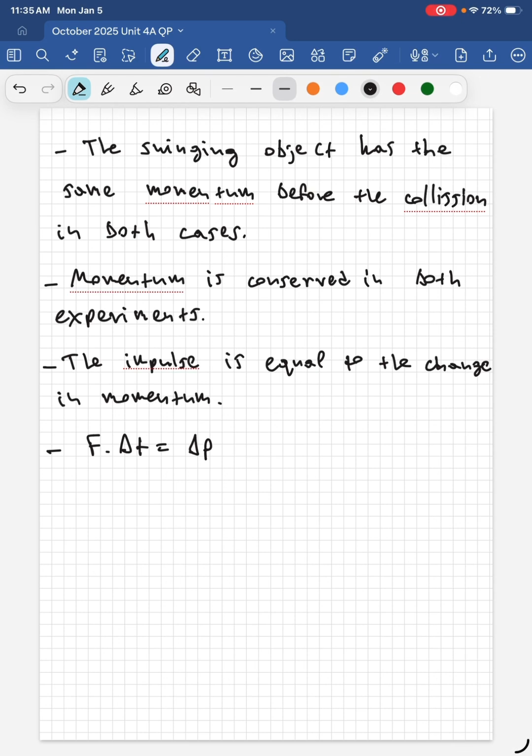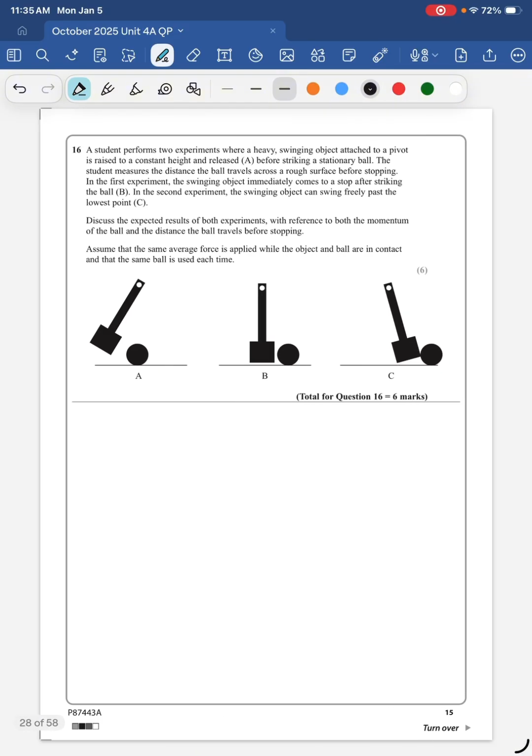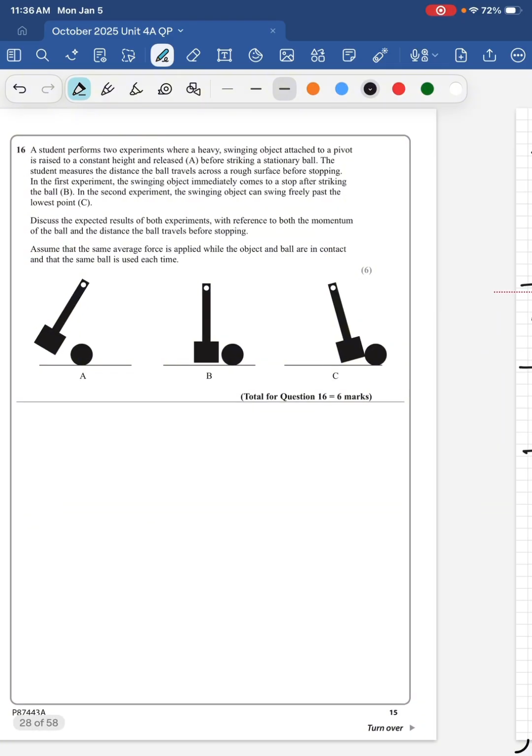We are told that F, the average force, is the same in both scenarios. Therefore, we are to assume that delta T is smaller in situation B because the object comes to a stop, whereas delta T is larger in C, okay?